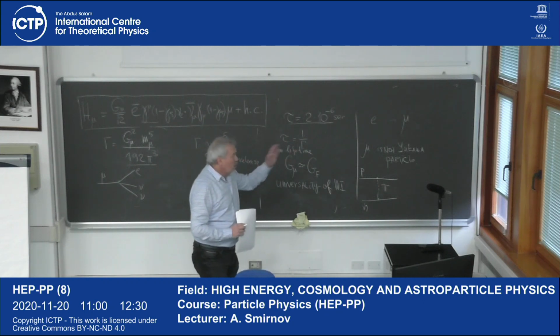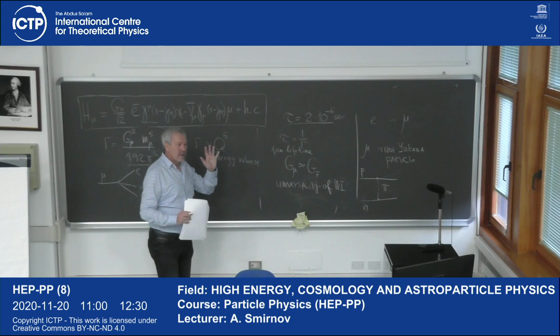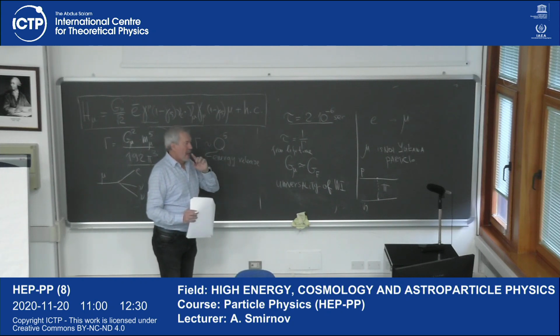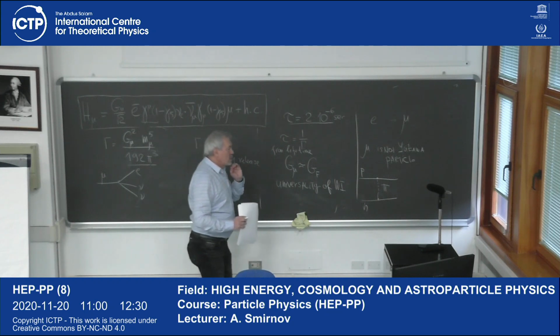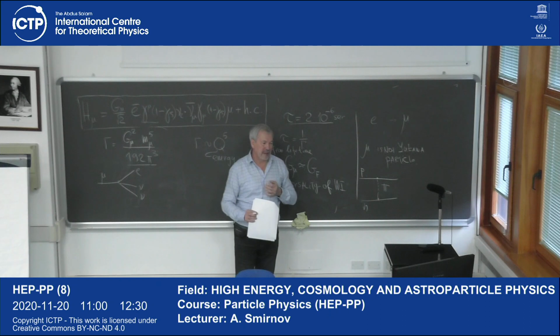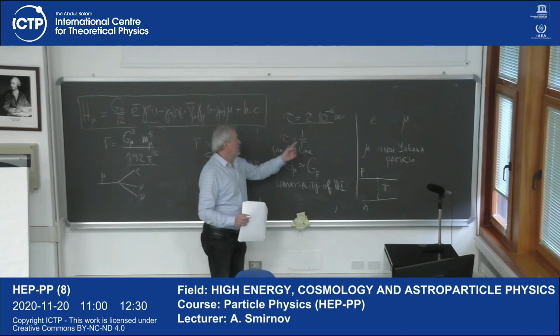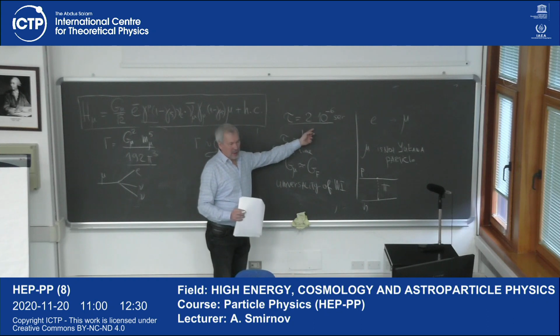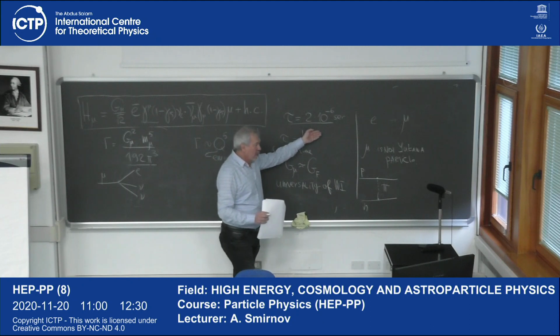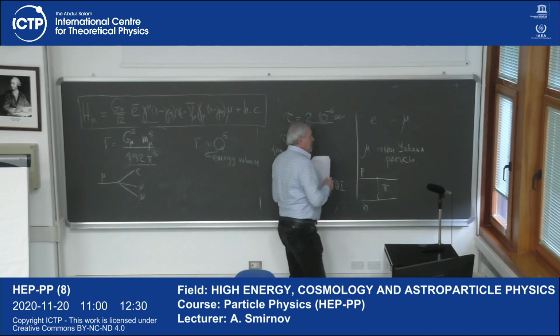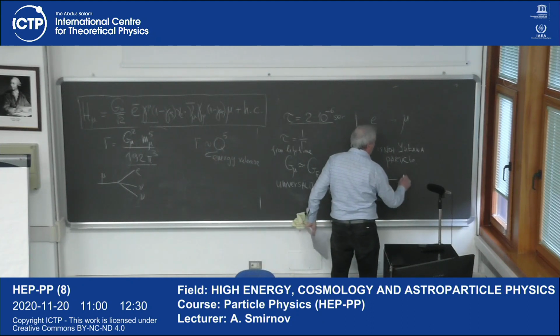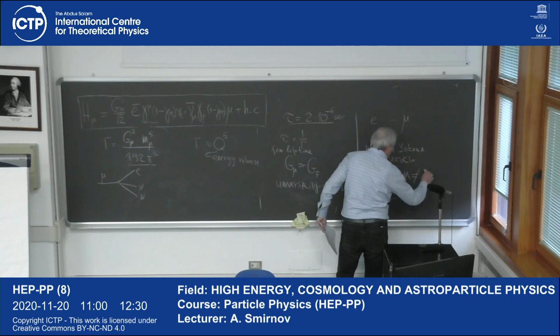And the fact that muon had been discovered, at first people thought, oh, this is the Yukawa particle. However, Yukawa also predicted the lifetime of this particle, and it was at least 2 orders of magnitude bigger than this quantity. So the measurement of the lifetime of muon also allowed us to conclude that muon is not the Yukawa particle.